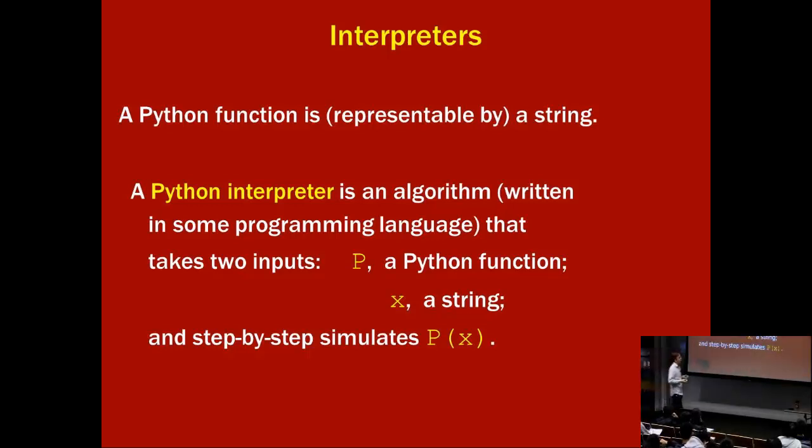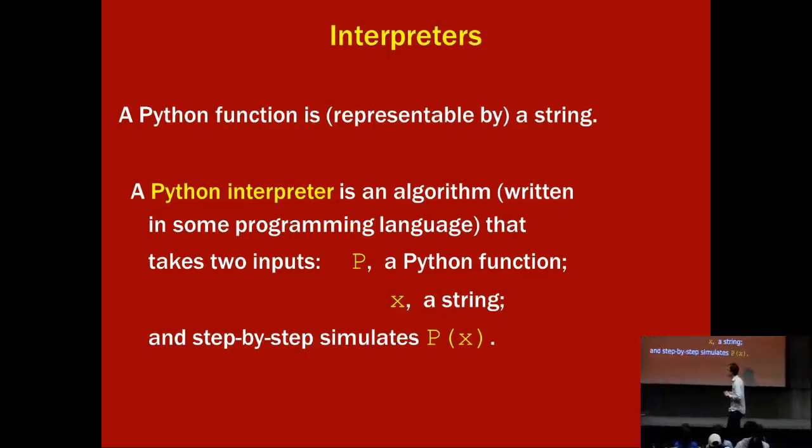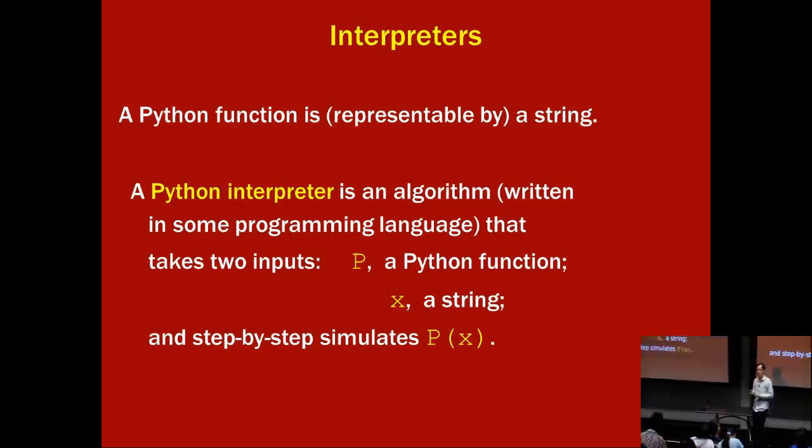It's some algorithm, which you write in any programming language maybe, that takes two inputs: P, which is a piece of Python code, which you can represent as a string, and X, which is another string, the input that you want to run the code on. So the interpreter takes two inputs, the Python program and the string, and it should just step-by-step simulate what would happen if you ran that code on that string. That's what we mean by an interpreter.